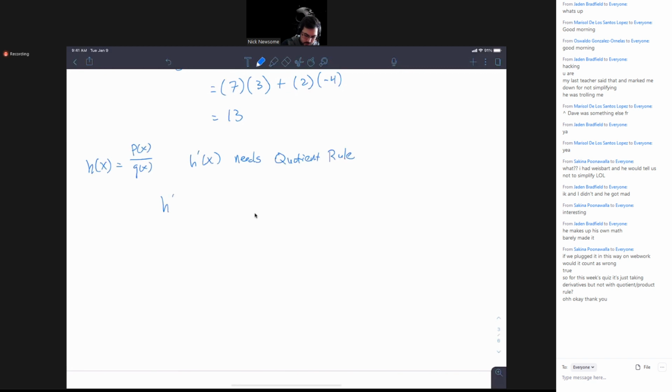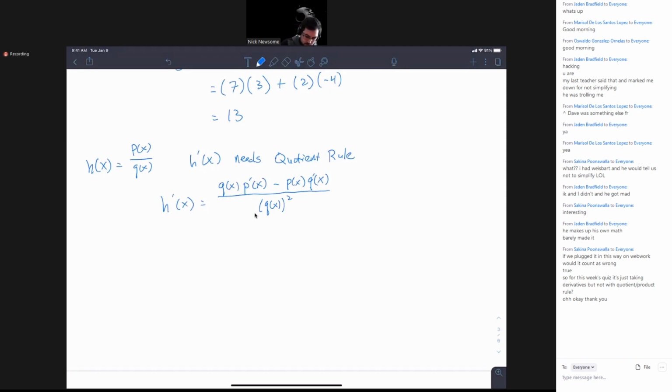Just remembering in general what quotient rule says: take the denominator multiplied by the derivative of the numerator, and then we subtract the numerator multiplied by the derivative of the denominator. And all that gets divided by the denominator squared. That's quotient rule.